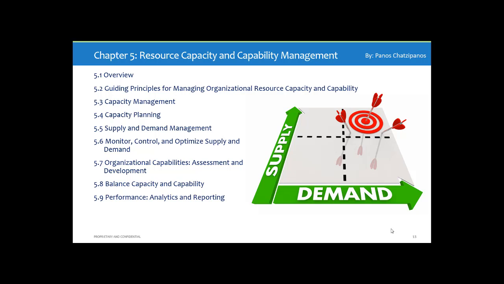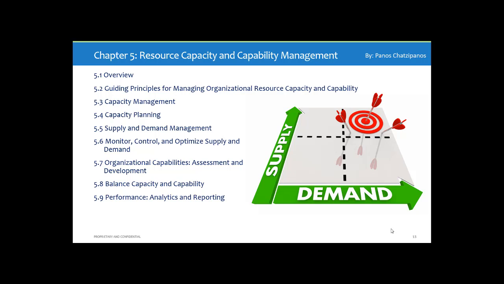The objective of portfolio resource capacity and capability management is to determine the optimal balance between what the organization can do now, capacity, and what the organization has the potential to do, capability. Capacity and capability management focuses on the human, financial, and other assets an organization utilizes to resource the entire portfolio.